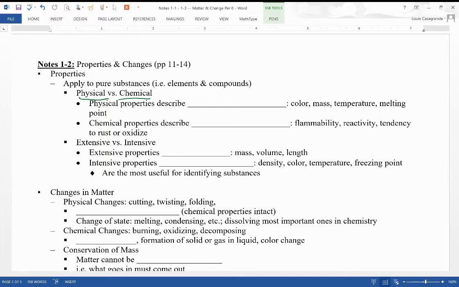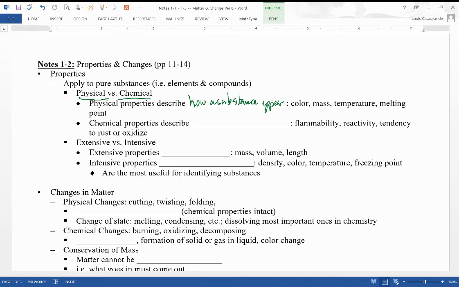So a physical property is one that describes how a substance appears. Remember that substances are another word for pure materials. So we're talking about things like color, mass, temperature, things that are not necessarily indicative of how they're going to behave, how they're going to change.